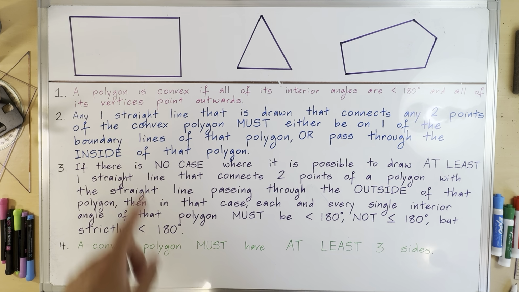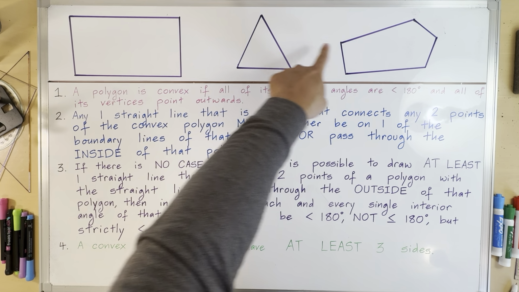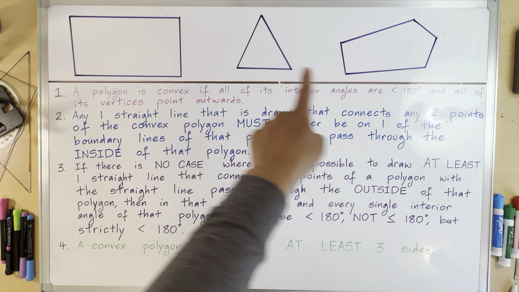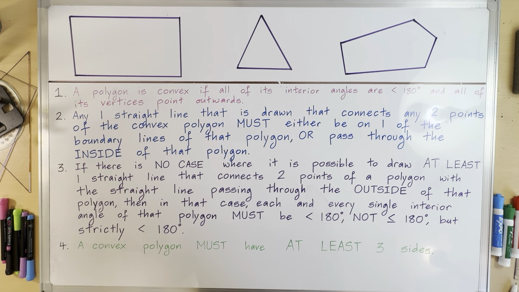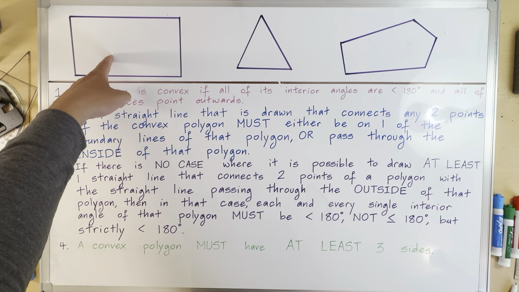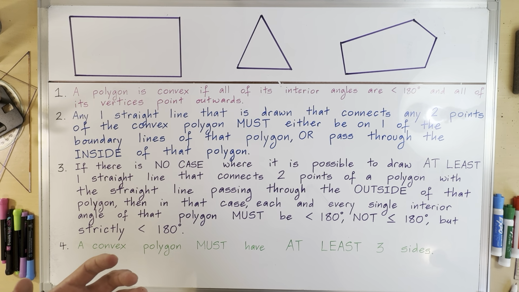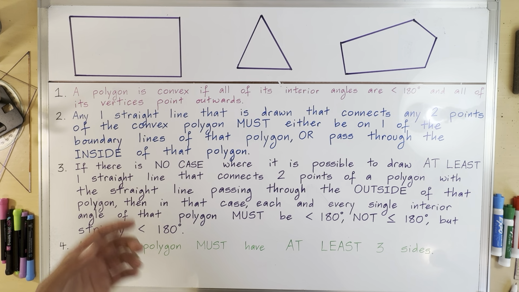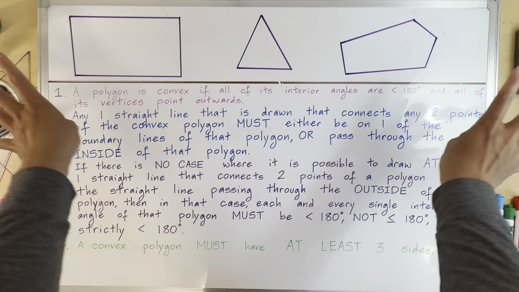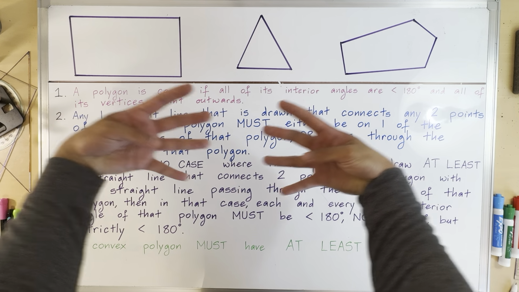So let's take a look at each of these 3 shapes right here. So all 3 of them meet the definition of convex polygons because each of their interior angles are less than 180 degrees, and each of their vertices all point outwards and not inwards.